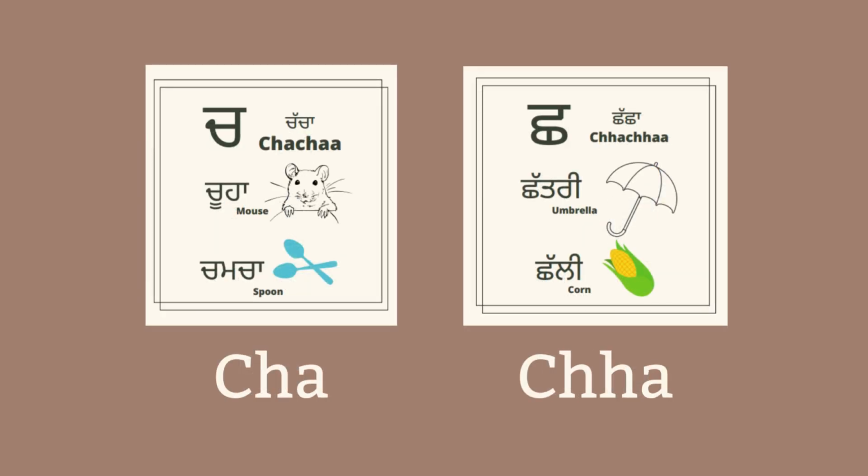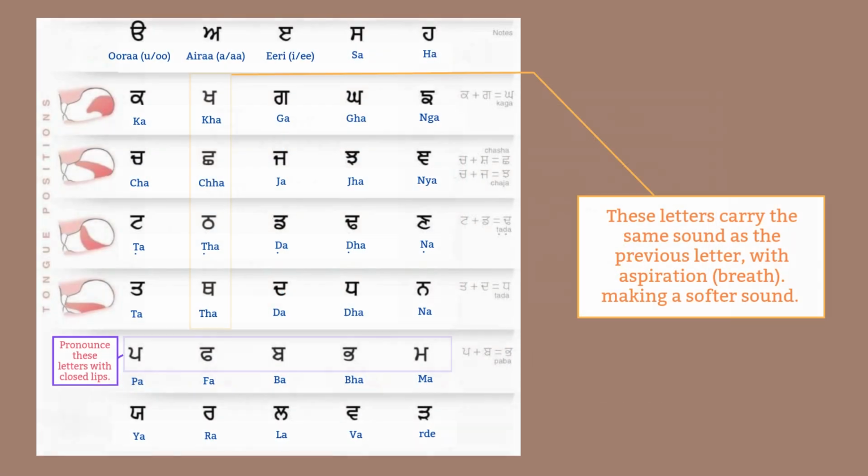Let's look at row number 3. The first letter is Chacha Cha, Chammach. The second letter is Chacha Cha, Chhatri. So as you can see, the second letter carries the same sound as the first letter but with an extra breath, making it a softer sound. We will get into this as we start to do each row.